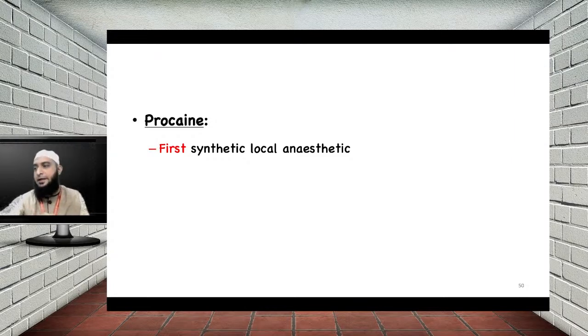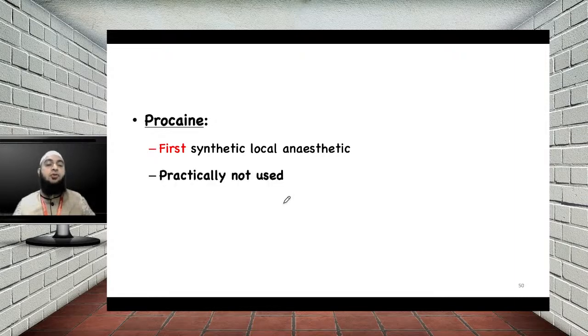The second drug is procaine. Procaine is the first synthetic local anesthetic. Although it is the first synthetic local anesthetic, it is not an ideal drug. It was used first, but practically it is not used because of many problems associated with it. But procaine's amide derivative, which we saw in the last lecture, procainamide, can be used as a very good anti-arrhythmic drug.